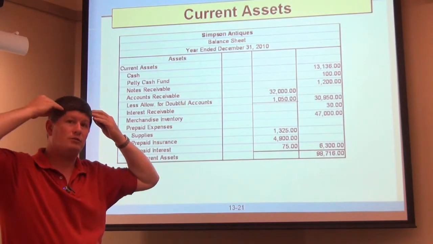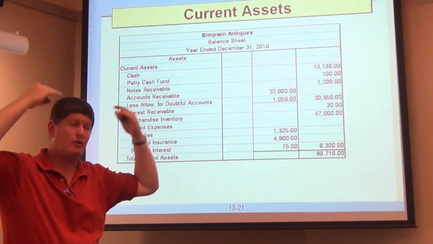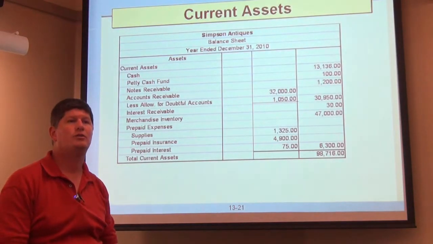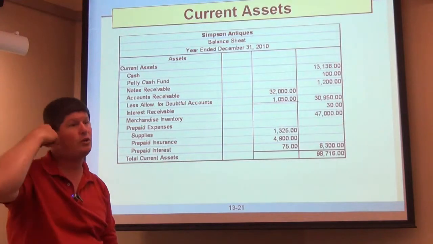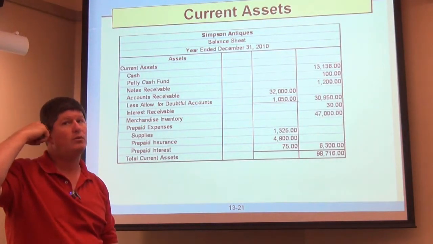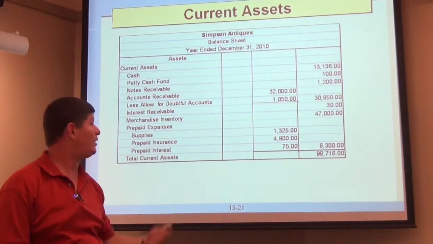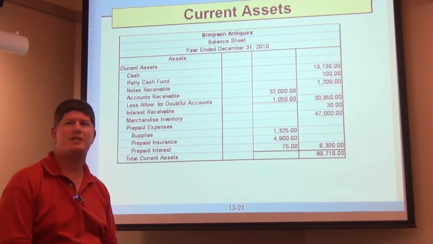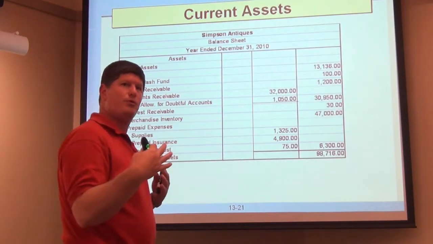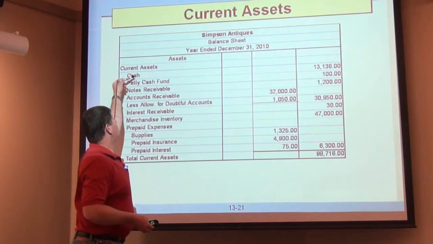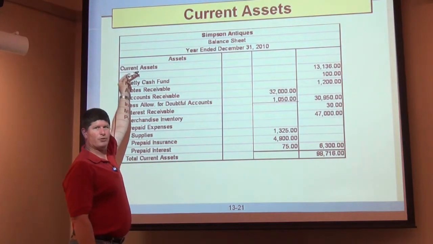So by definition, the standard convention is current assets are anything that are cash or cash equivalents or will be turned into cash within a year. So when you're trying to figure out what's current, the gold standard is cash. So here's the example, and I'm going to go through it. In assets, by definition, cash is current because it's the gold standard, right?